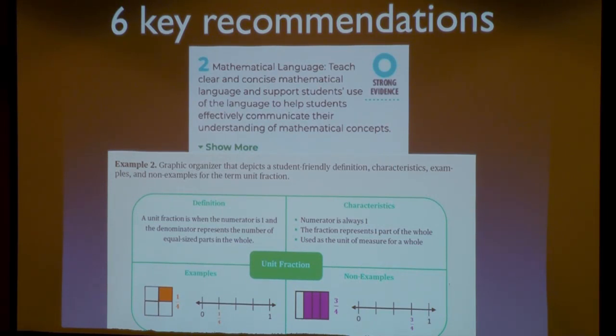And here, what they say is, really use the mathematical language to describe the concepts that you're trying to teach, rather than some shortcut words that don't really generalize and don't really help students develop a deep understanding of those mathematical concepts. So for example, when you've got a unit fraction, you say a unit fraction is when the numerator is 1 and the denominator represents the number of equal-sized parts of the whole.